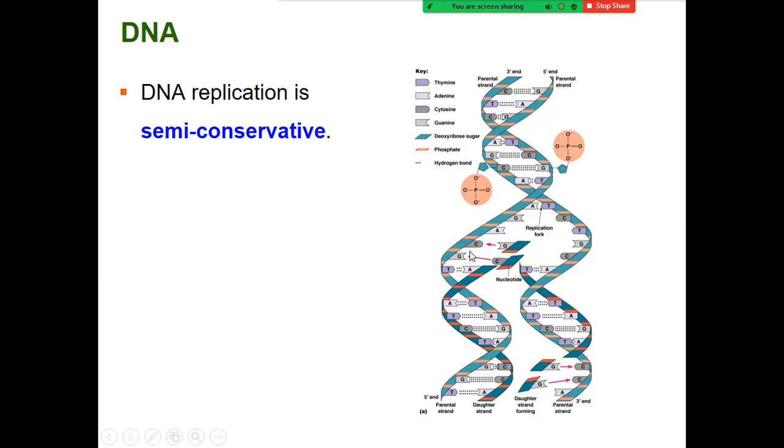And then when it moves down the nucleotides and sees a C here, it'll add G. And then it'll move down and see an A here, then it'll add T. The DNA polymerase adds these nucleotides to the new strand as a covalent link between the sugars and the phosphates.